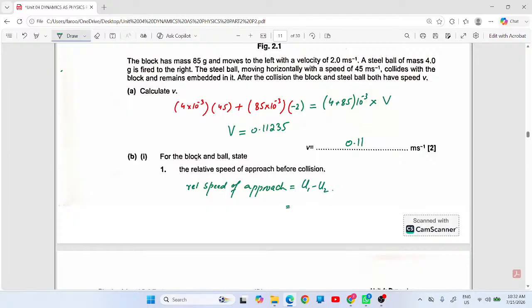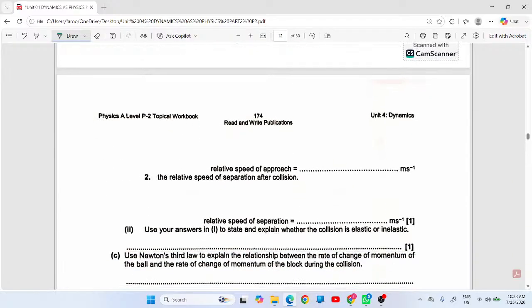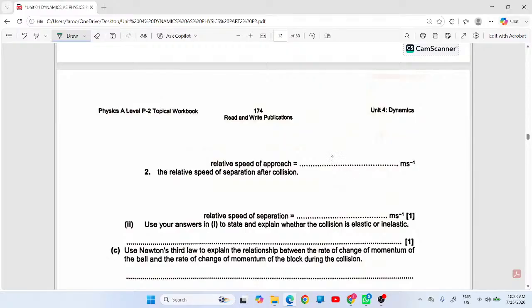So u1 is 45, minus the minus 2, so plus 2, gives 47. 47 is the relative speed of approach.